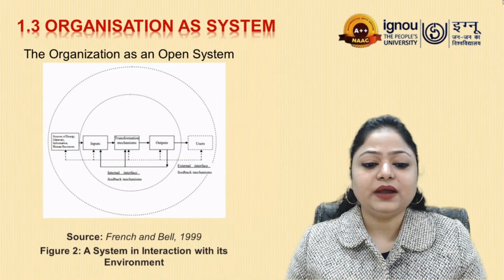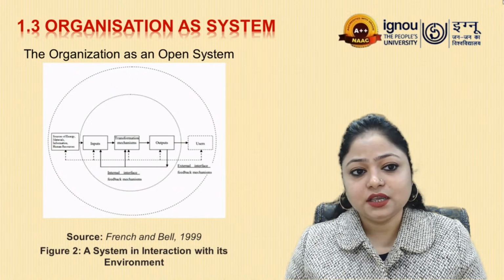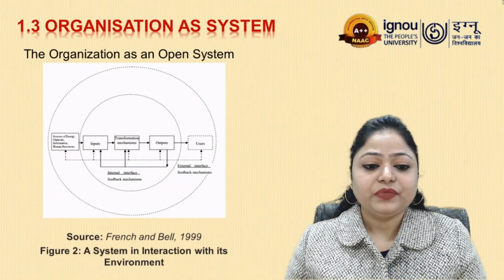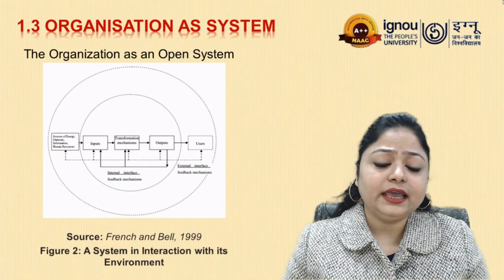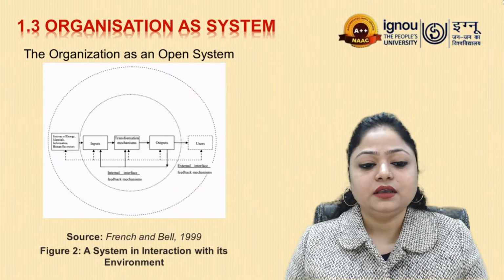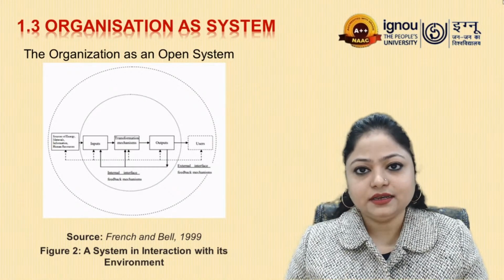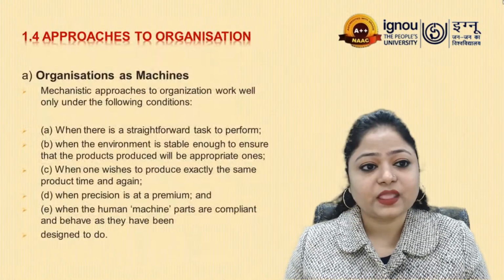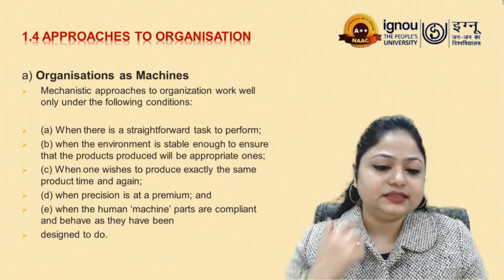Everything is getting impacted, everything is getting affected at a certain level with the help of the business environment. So system interaction with this environment is what we need to understand here to recognize organization as a system, an open system. Then approaches to organization.